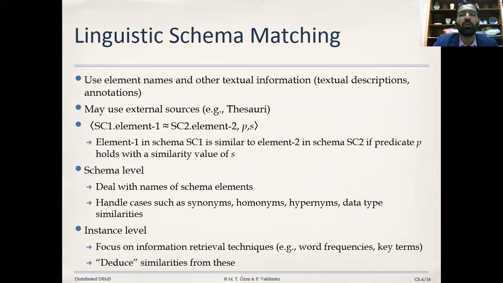Let's suppose you go for the linguistic schema matching approach, which is used at the element level as well, and that linguistic approach can be used for instance matching as well. So with the linguistic schema matching approach, number one, we use it to represent the element names and other textual information.